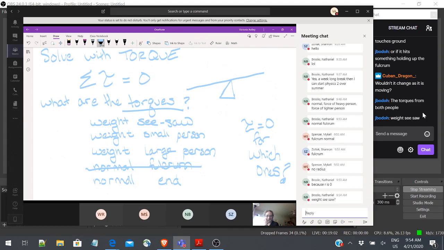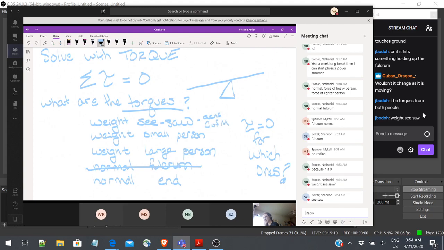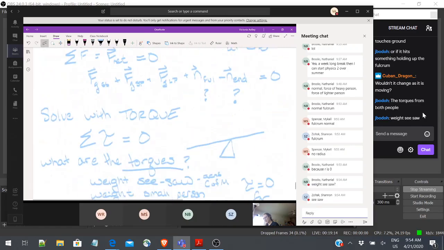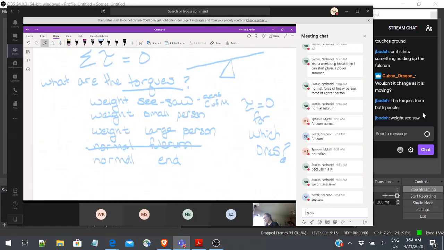Yes, the weight of the seesaw, because the weight of the seesaw acts at the center of mass. The center of mass for our seesaw that has equal lengths on both edges is going to be where the force of gravity acts down right there. So this one is also 0. Good.